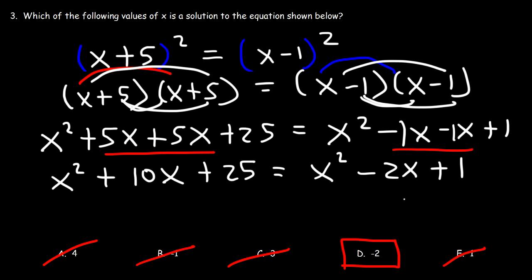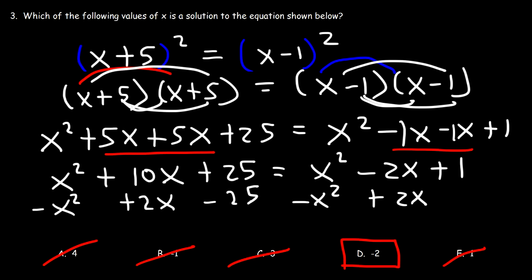Now, let's combine terms on both sides of the equation. So what I'm going to do is subtract both sides by x squared, because they can be canceled. And then I'm going to add 2x to both sides. And at the same time, I'm going to subtract both sides by 25. So I'm doing this in such a way that I can move all of the x variables on one side of the equation and all of the constants on the other side of the equation.